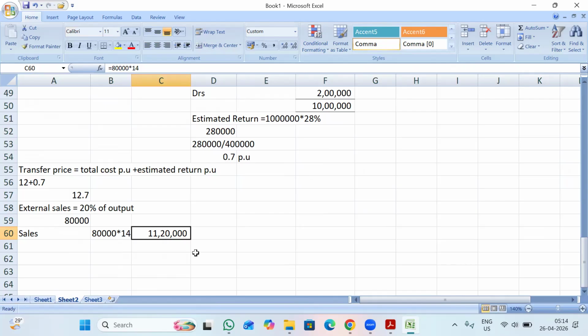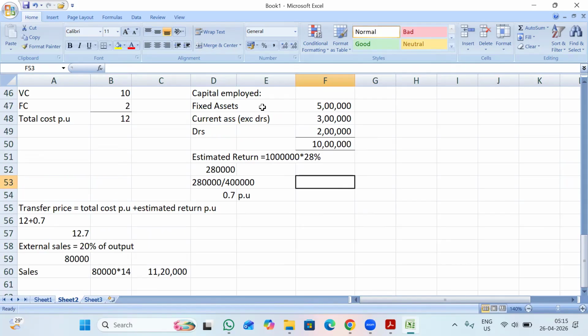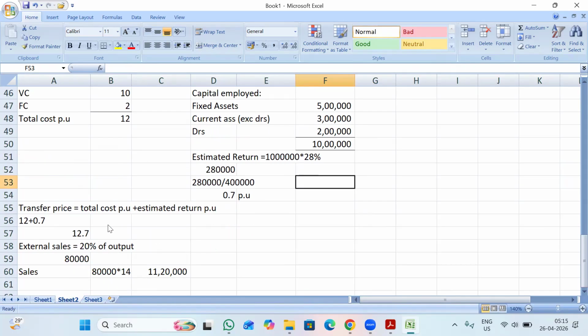So here, see, if I require a total income of 12.7 per unit, that is 12.7 into 4 lakh units, right?